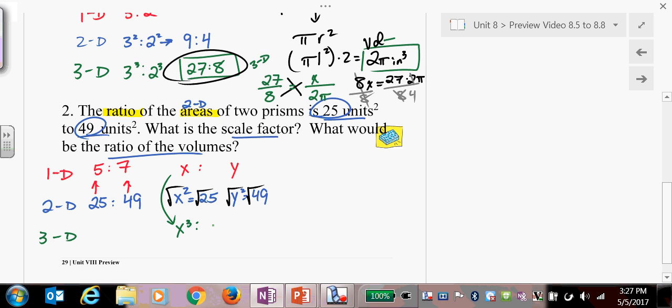For 3D, bring it down. That's going to be x cubed, y cubed. We're going to go 5 cubed and 7 cubed. You can get out a calculator if you need to. That's going to be 5 times 5 times 5 and 7 times 7 times 7. Get out your calculator and get those ratios.